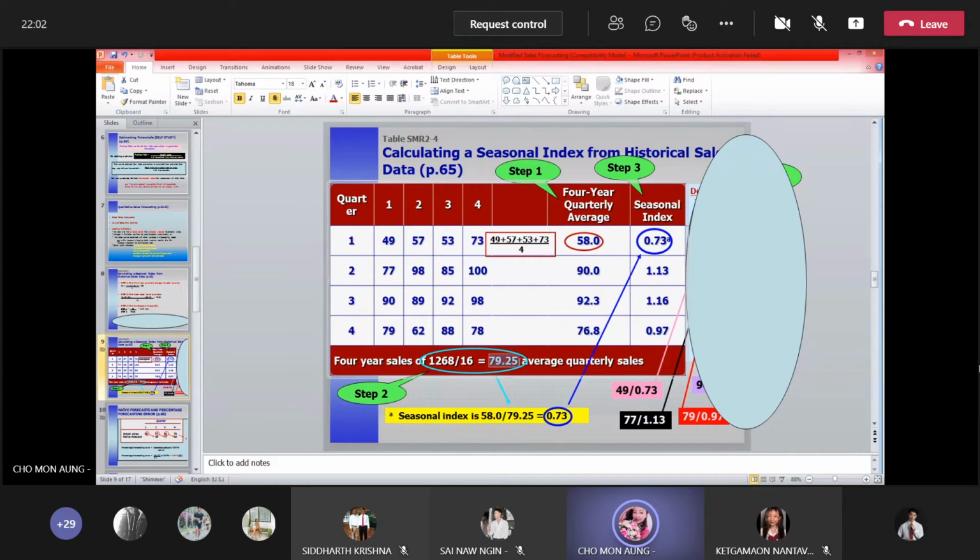We use the same number because that is the overall average. 90 divided by 79.25. Quarter 3: step 1 is 92.3 divided by 79.25, the same number. And quarter 4, we do the same thing. So you see that the seasonal index column is the result from step number 3.